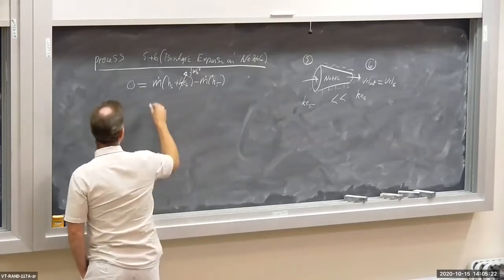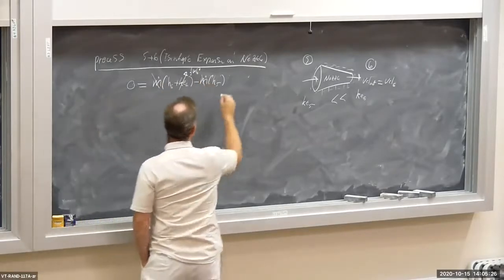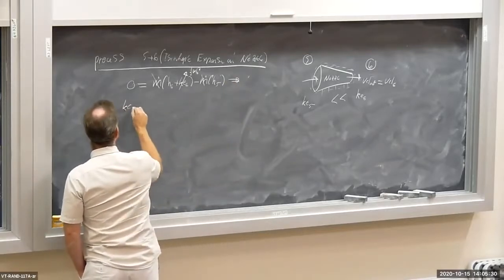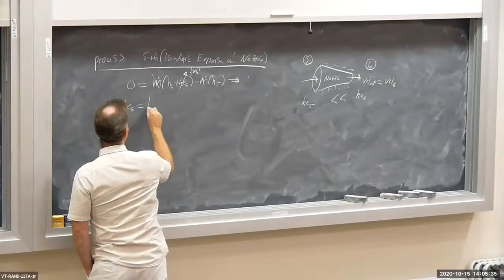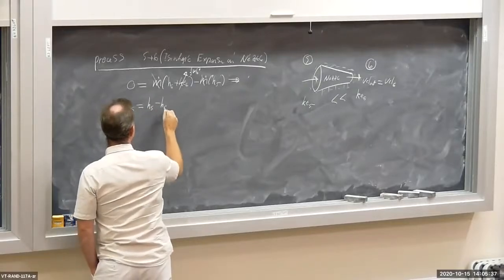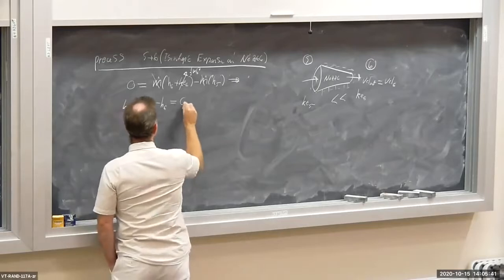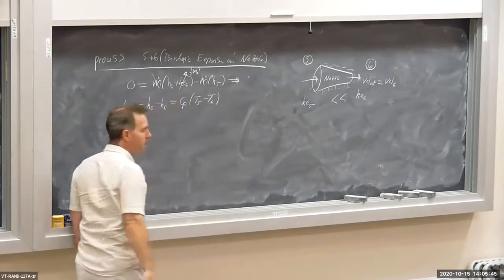Okay, so let's see. The mass flow rates are the same going in and out. So what I really have here is KE6 is equal to H5 minus H6, which of course is equal to CP (T5 minus T6).